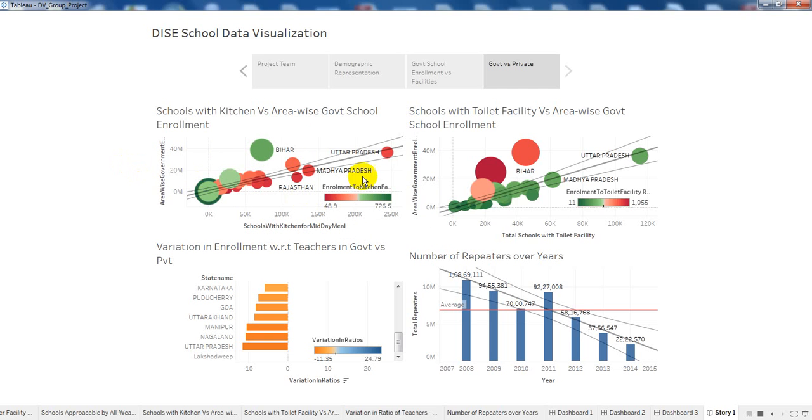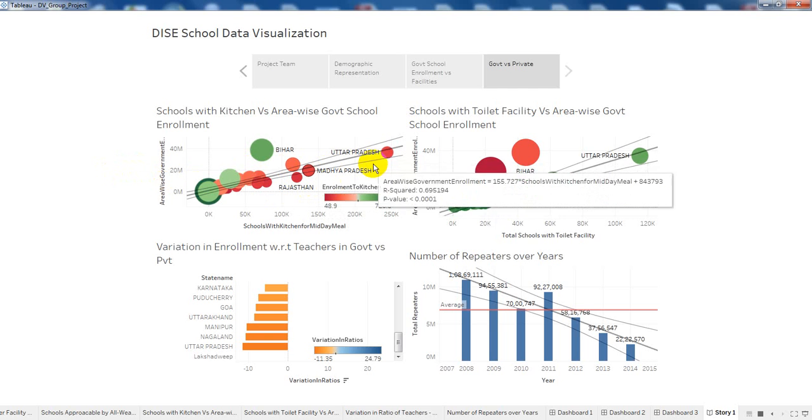In contrast, the students in Uttar Pradesh, Madhya Pradesh, Rajasthan and West Bengal are not quite attracted to schools which have the midday meal programs.